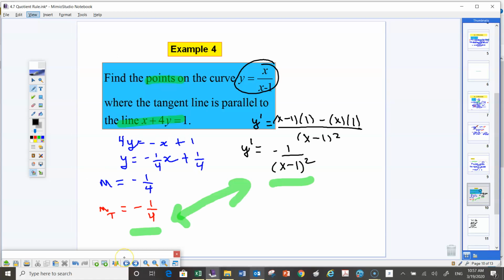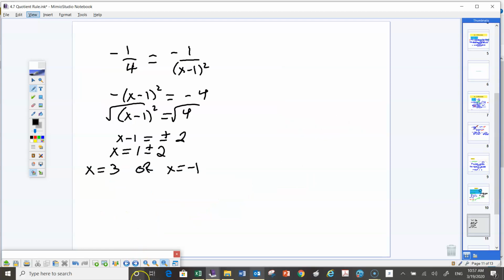Now if we look back at the question, it was asking us to find points, so we know the x-coordinate of our points. To find the y-coordinates, we're just going to plug back into the original function, which was x over x minus 1. So if x was equal to 3, my y-coordinate would be y equals 3 all over 3 minus 1, which would equal 3 over 2.